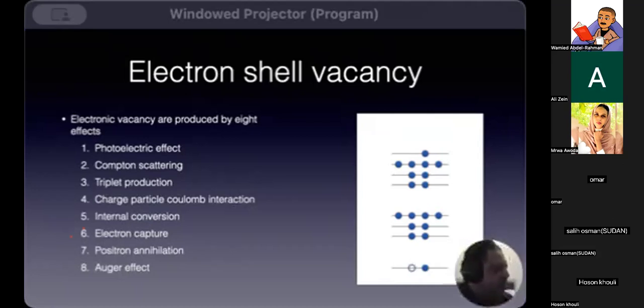Okay, Ali? Yeah, sure. Thank you. But for sure, the other processes, from 1 to 4, we're going to cover. We're going to cover the interactions in more detail, look at the energy transfer from each interaction, and then calculate, for photons, the mu transfer over rho, for example.